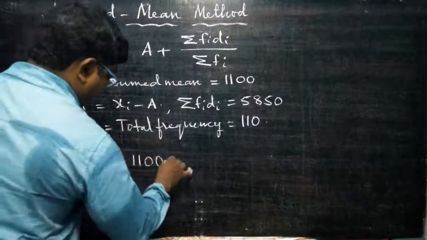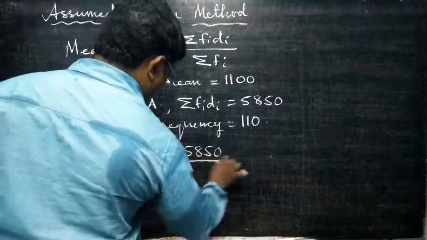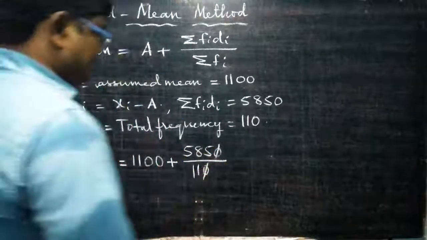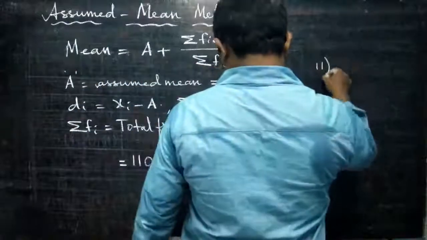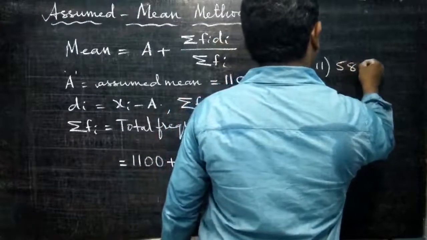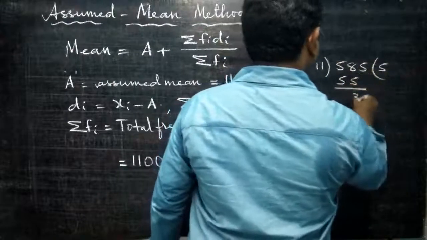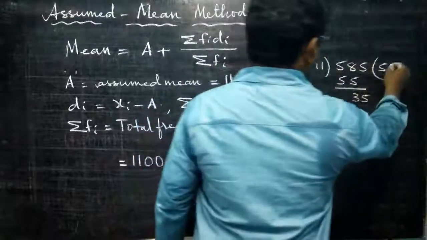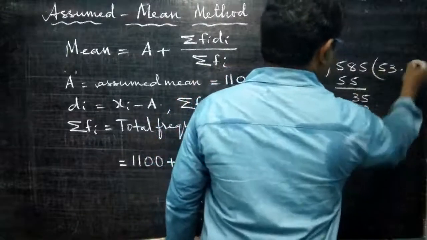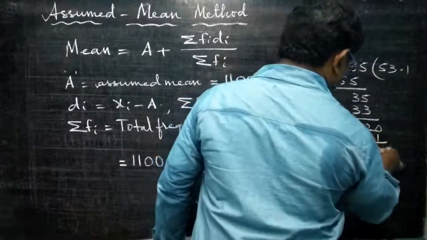Now substitute. 1,100 plus 5,850 by 110. 0, 0 cancel. Now 11 table. 11 divide into 585. 11 5s are 55. 3 and 5. 11 3s are 33. 2 remaining. Decimal 0. 11 1s are 11. 9 remaining.